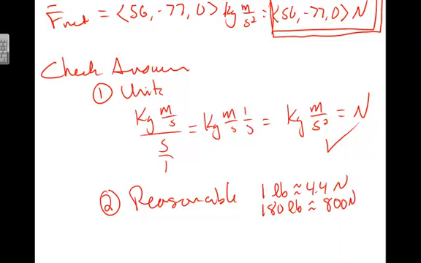So if we look at these forces up here, well, both of those are roughly 10 to 20 pounds each. So this definitely seems reasonable. 10 to 20 pounds is a lot smaller than 180 pounds, a lot smaller than the weight of a person.